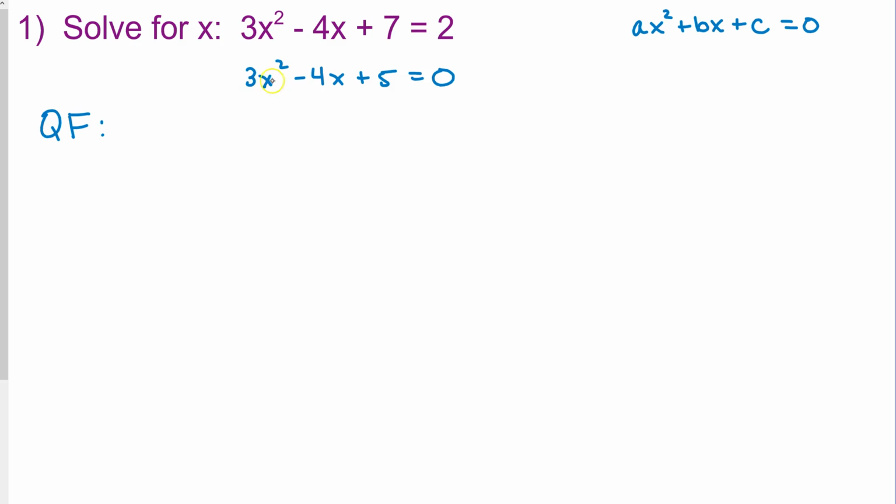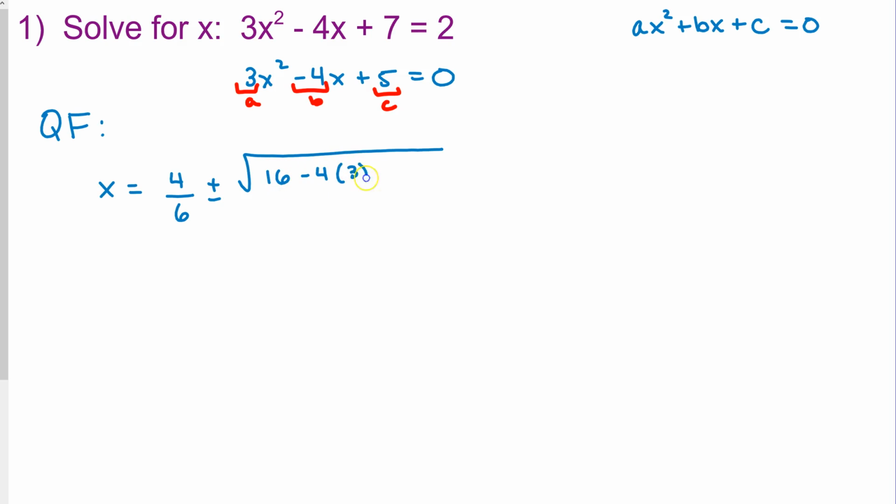Now, in this case, a is 3, b is negative 4, and c is 5. So we have x equals the opposite of b, 4, over 2a, 6, plus or minus the square root of b squared, 16, minus 4ac, so minus 4 times 3 times 5, all over 2a, so over 6.